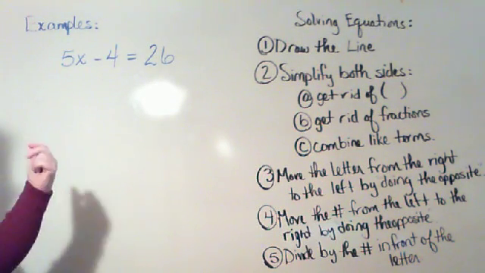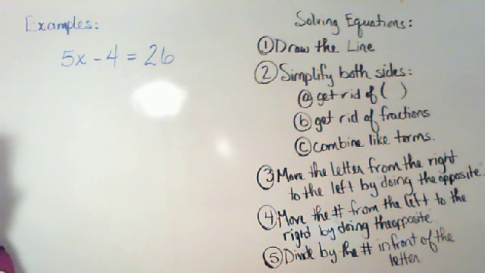Pause so that you can have a chance to do it, and then when you're done with your try, start it back and you can see how I solved it.